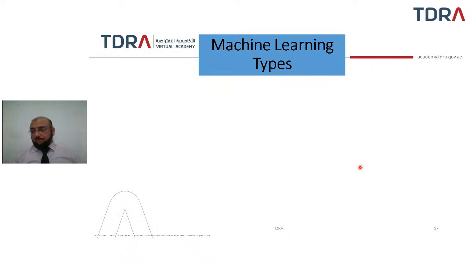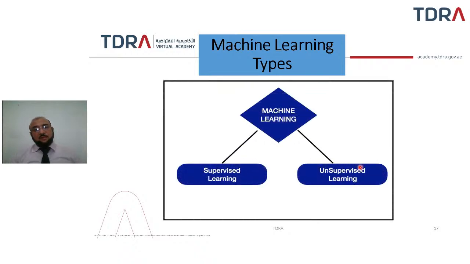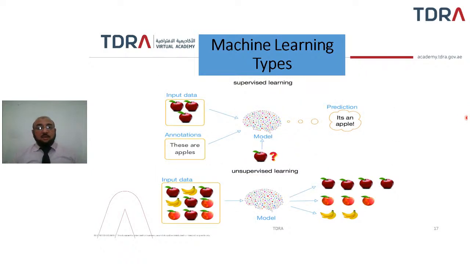Then machine learning types. We have basically two types of machine learning: supervised learning and unsupervised learning. In supervised learning, we are feeding the data. For example, here there is a picture of an apple, just for the assumption.